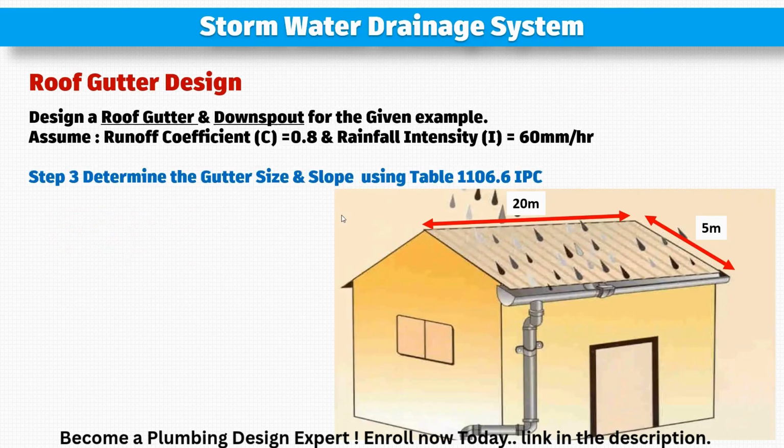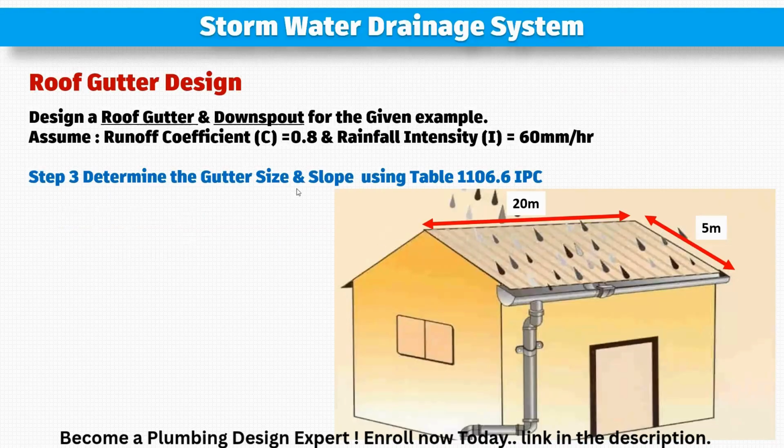Step 3 will be determining the gutter size. Okay, what will be the size of this gutter? Now you know the catchment area, you know the GPM that will be flowing from the sloped roof. The third step will be to calculate the gutter size and slope. This gutter will not be in the horizontal position. It will have some slope to flow towards the collection pipe, in order to flow the water.